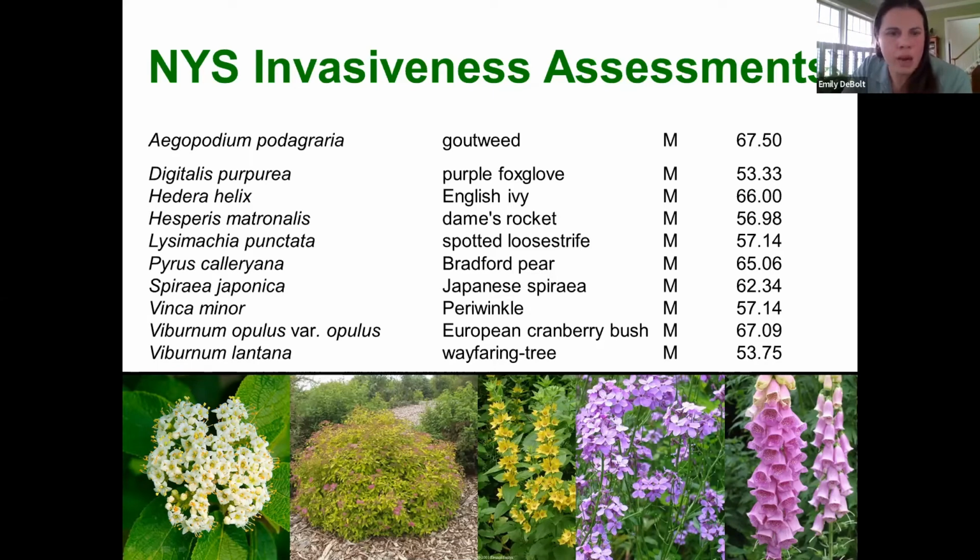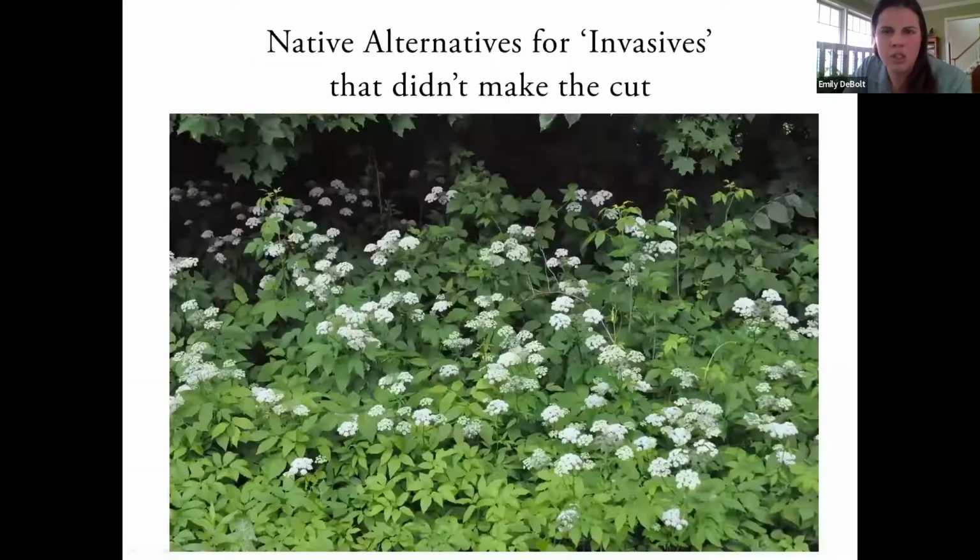They're not regulated that way, but there's still something that we want to avoid. And there's goutweed, holding the line between the lawn and the woods, taking over. You can even see the raspberries, the brambles, getting taken over by the goutweed in that photo.